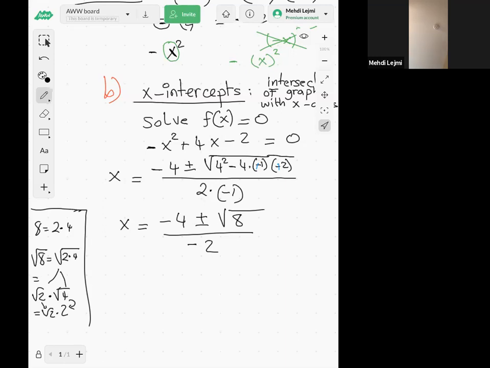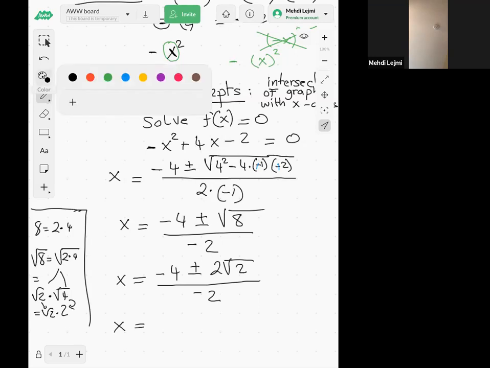So what I'm saying, guys, is that this x is -4 plus or minus 2 square root of 2 over -2. So I can divide by 2. Just be careful here: -4 over -2, that would be positive, so that would be +2.